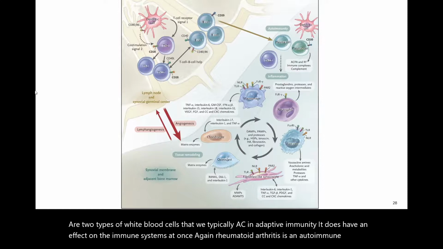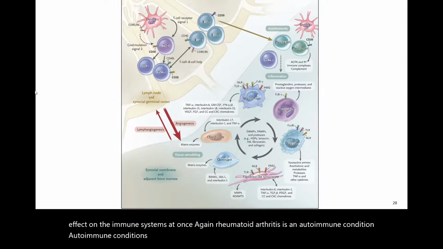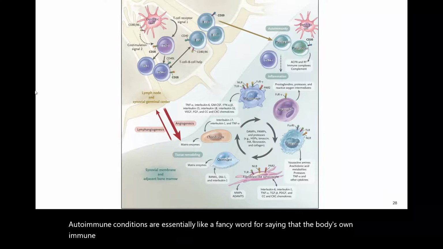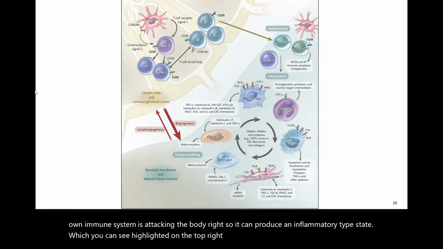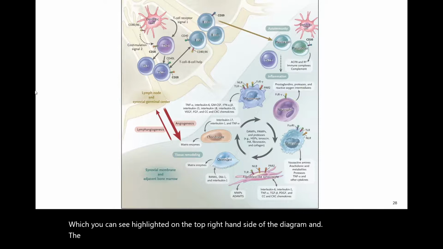Autoimmune conditions are essentially like a fancy word for saying that the body's own immune system is attacking the body, right? So it can produce an inflammatory type state, which you can see highlighted on the top right hand side of the diagram. And you do have a release of a number of different factors.